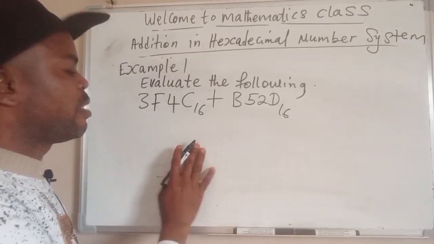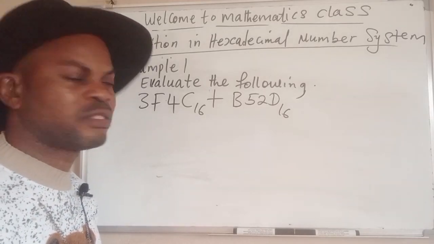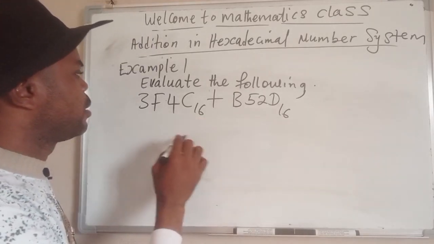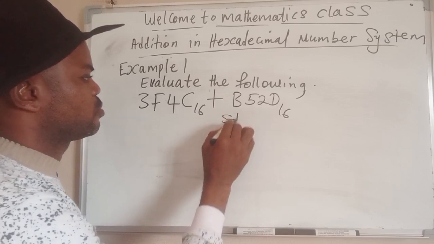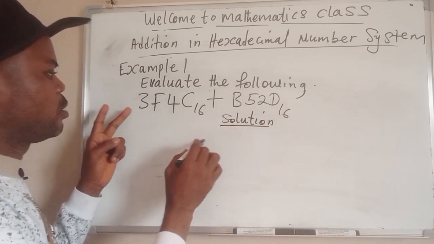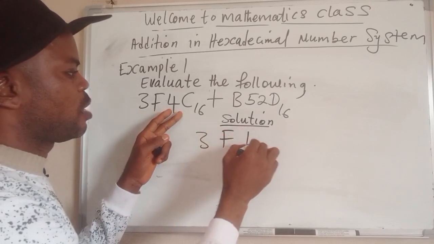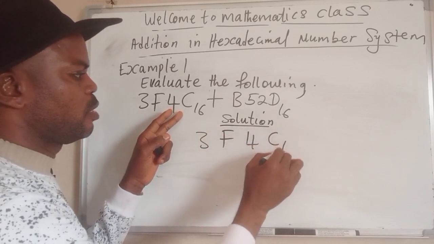Remember, addition in base 16 is different from addition in base 10. So step one, simplify the solution. Then you have to do proper arrangement. The arrangement will be 3, F, 4, C, spaced out to make your work neater.